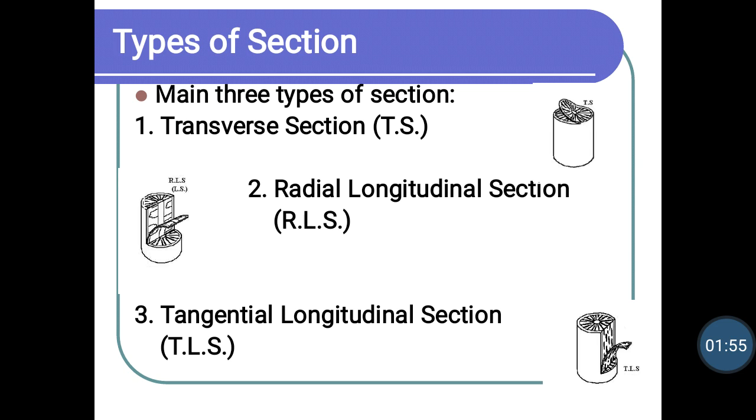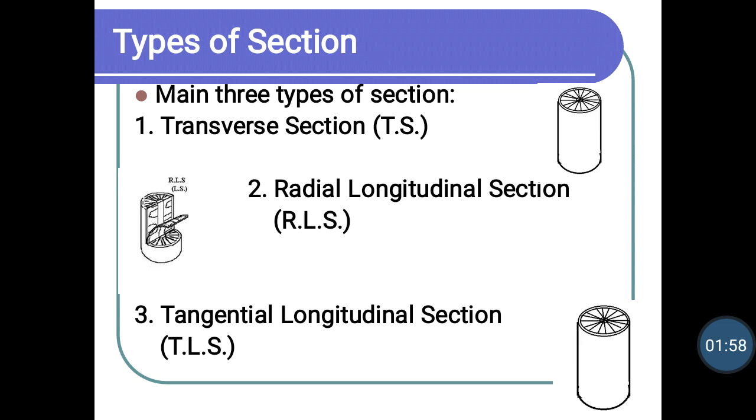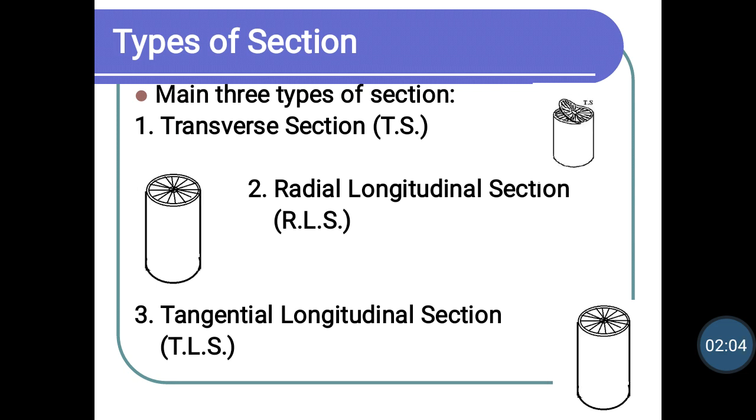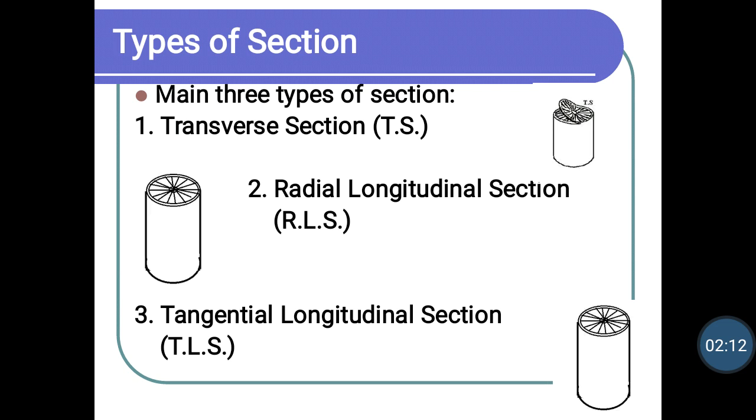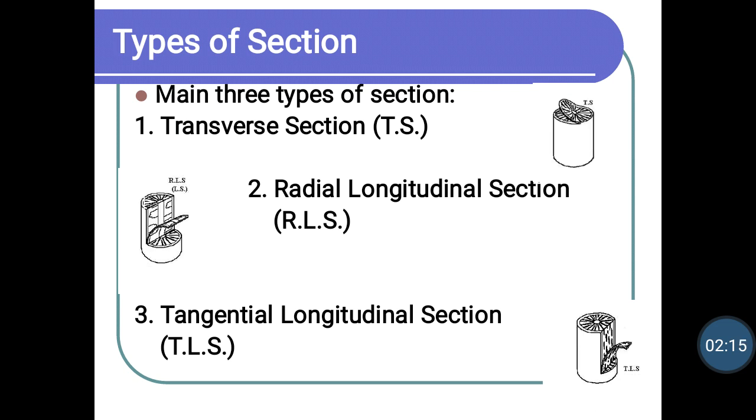Third one is tangential longitudinal section, that is TLS. The tangential section is the plane perpendicular to the long axis of rays and tangential to the growth ring. So, in this way these are the three types of section.